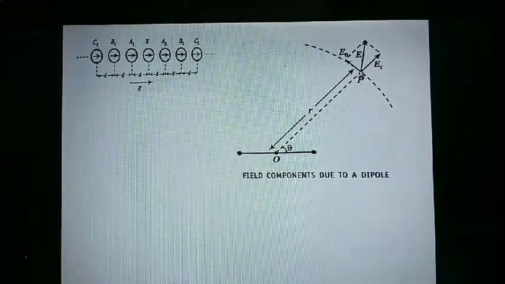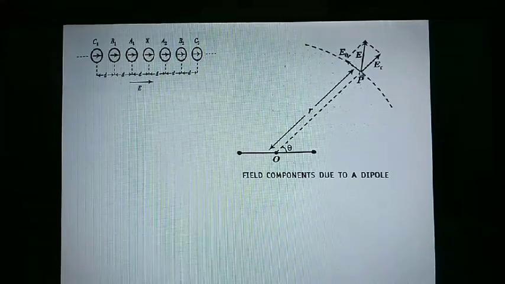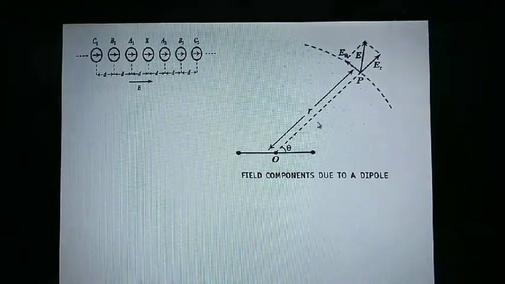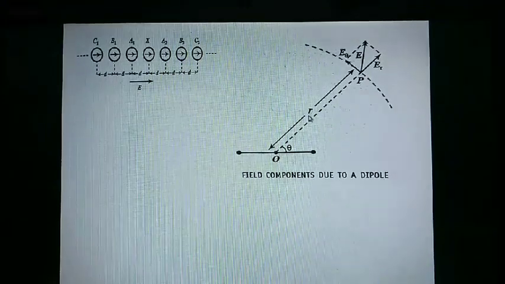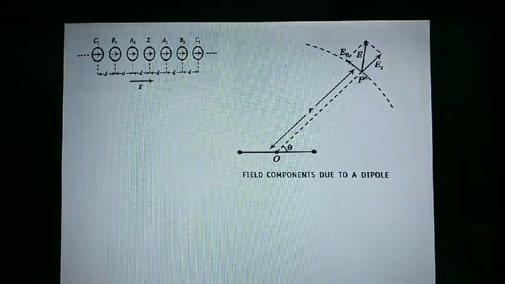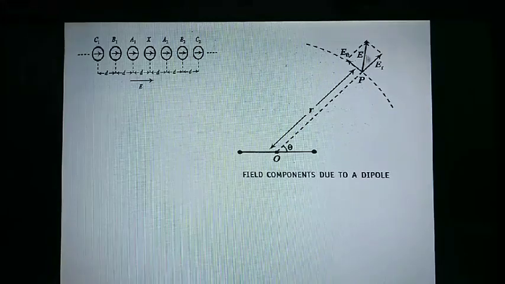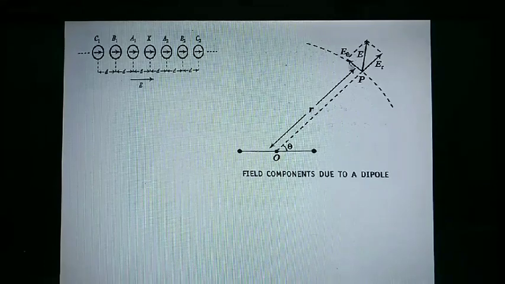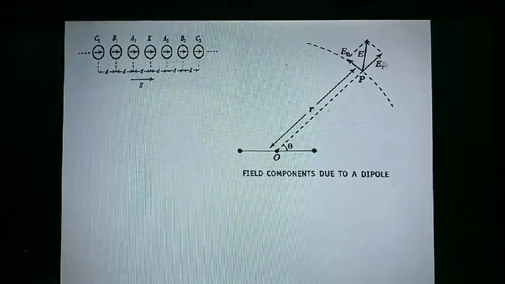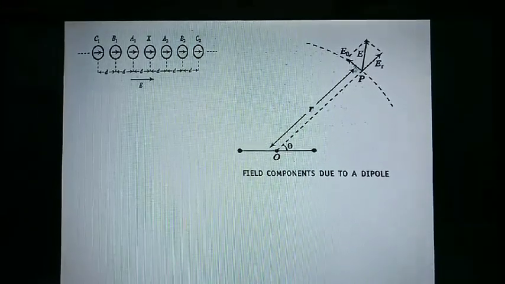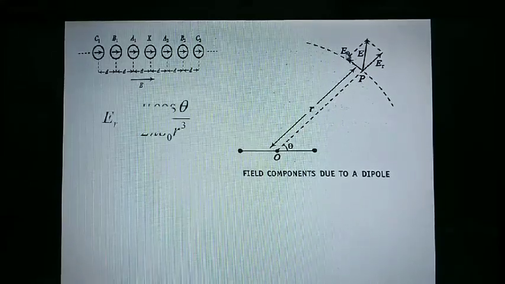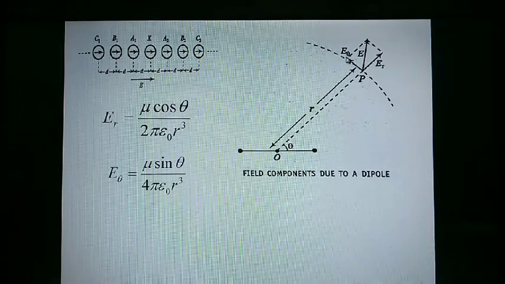And if you consider any point in the vicinity of this dipole, let us say P at a distance r, at that point you can have the electric field capital E which is resolved into two components, E theta and E_r, radial component and angular component. There are expressions for this E_r and E theta which I am not going to derive here.